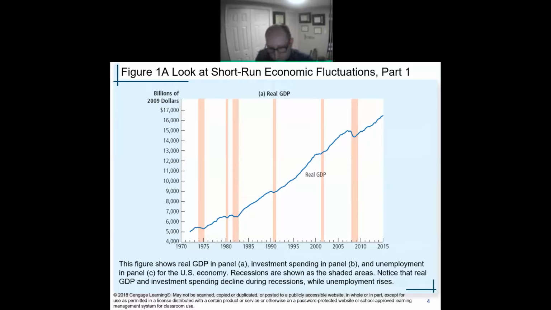That's a recession. So if this graph were to continue forward to 2020, we would see another one of these red lines. Decrease in economic activity, increase in unemployment. And then, of course, in 2021, it will go back up. So it'll be a really small red sliver for 2020.